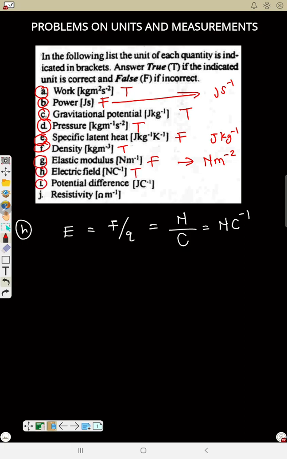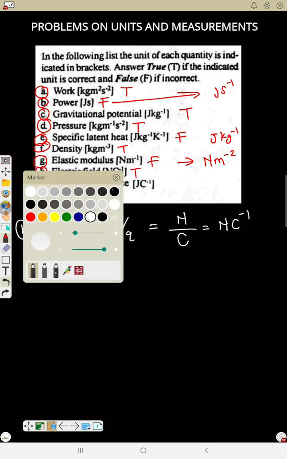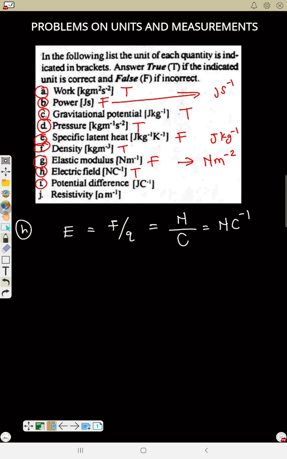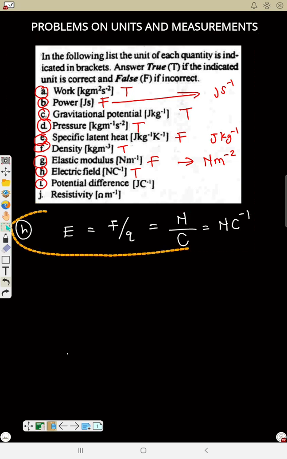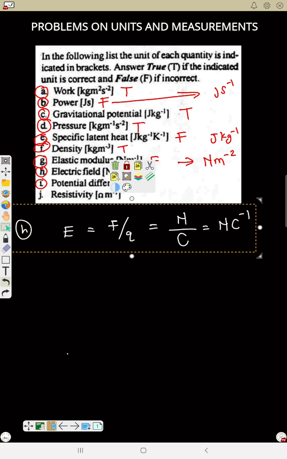So H. Now I is a potential difference. So we can represent potential difference, the one you know, that is V equals to IR.